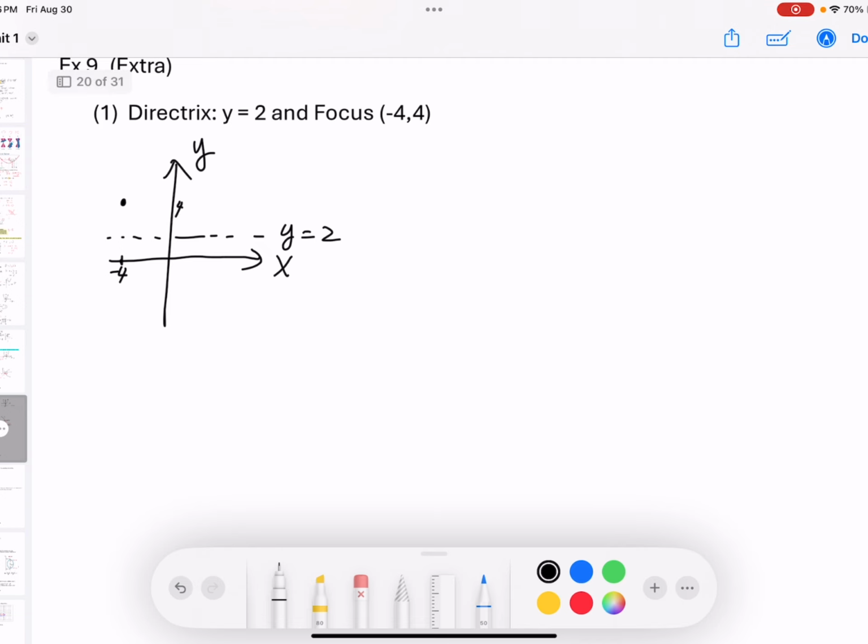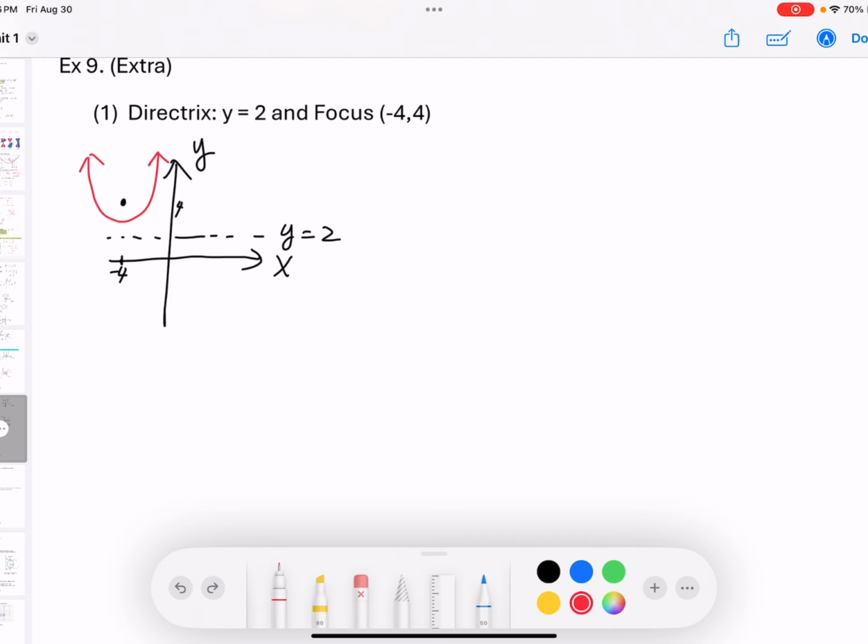So my graph, the parabola, will hug my focus and be against my directrix. My graph is like this, and the distances from here to here are equal.